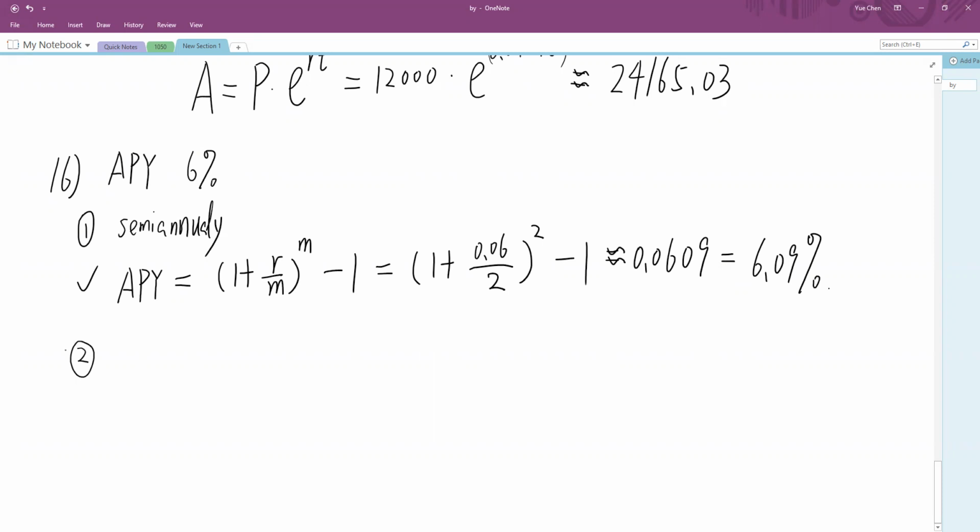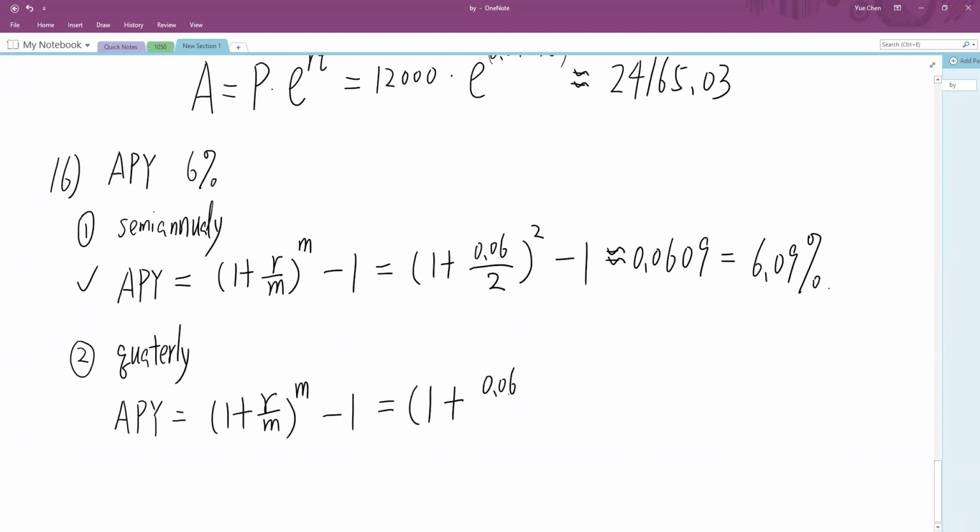The second one says compounded quarterly. Okay, so the formula is still the same. 1 plus R over M to the M's power minus 1. But the only difference is what?